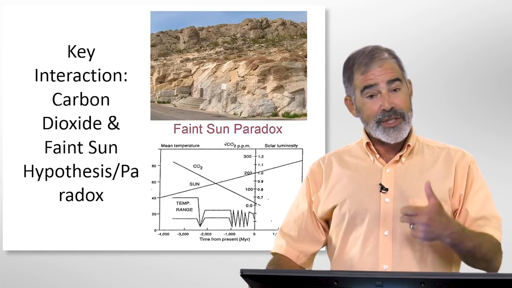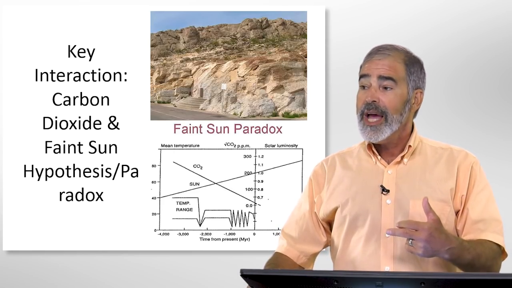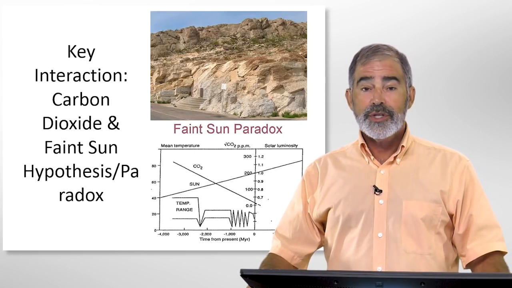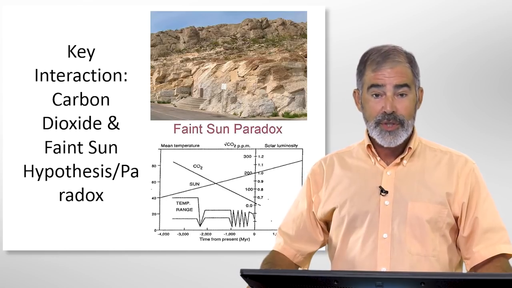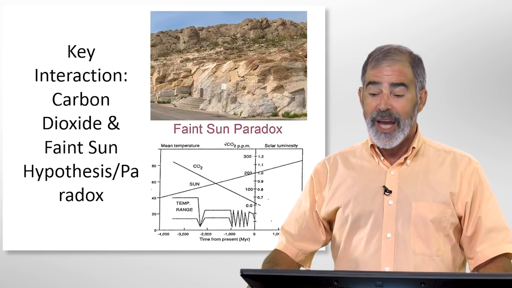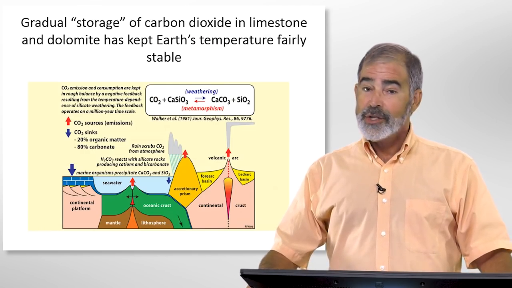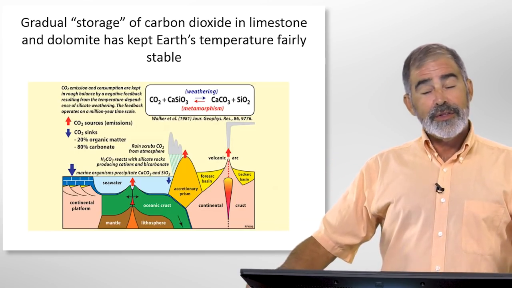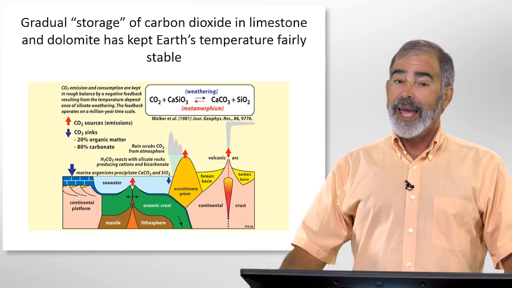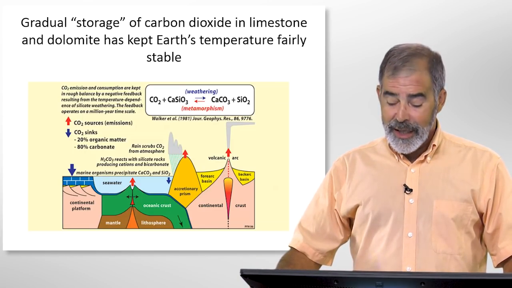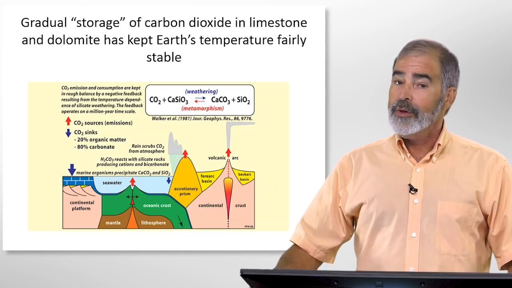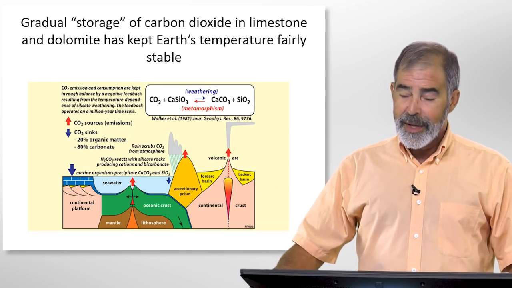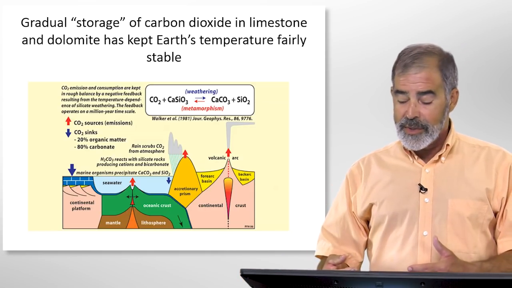The solution rests in the interaction between spheres and the reduction of carbon dioxide over time. The photograph you're seeing is a rock called limestone. Limestone is composed of calcium carbonate. What's been happening, the thought is, over the last 4 billion years, is that the minerals that contain calcium in silicates, so if you look at the equation, there's CO2 plus calcium silicates, then there's the decay of the calcium silicates.